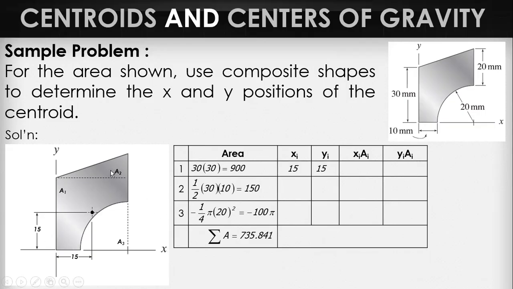For element 2, the centroid is located this way. This is 2/3, because for a triangle, it's 1/3 from the base. So this is 2/3 of 30. That's 20.